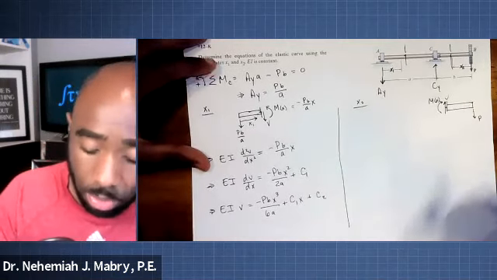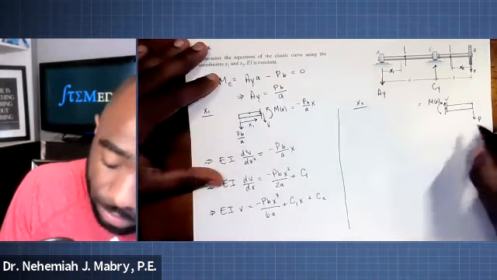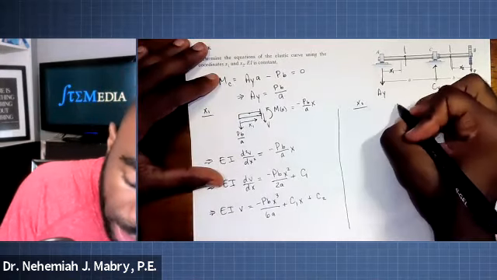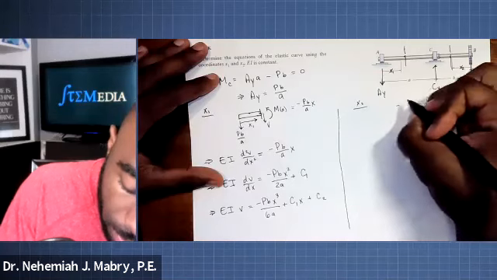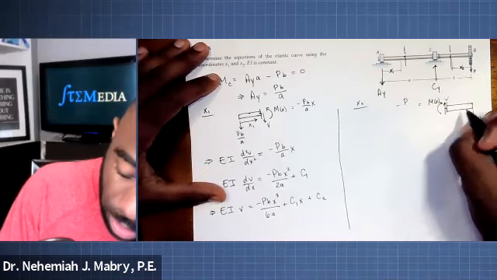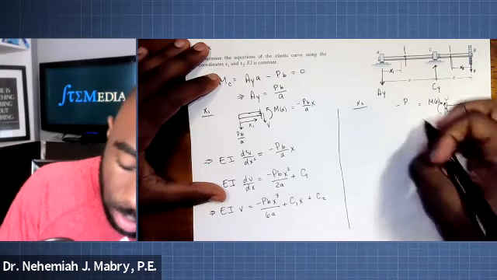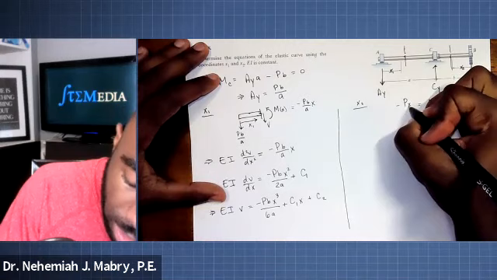What is this side? Well, Mx is going to be equal to, on this side, because it's creating a moment around the same way, negative P. And remember, this is a distance here, x2. So negative P times x2.